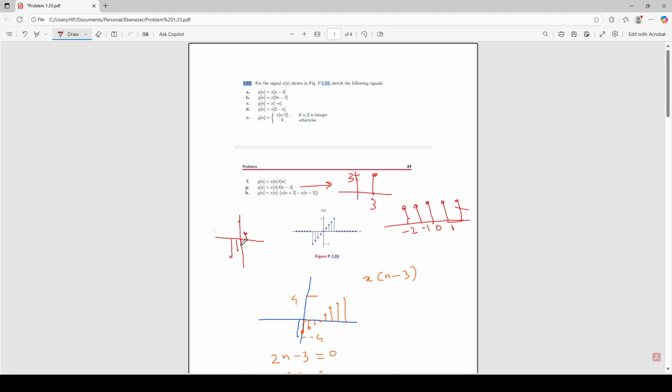Only these will be there. The remaining will get cut because u[n + 2] - u[n - 2] is 0 before -2 and after 1. Okay, thank you.